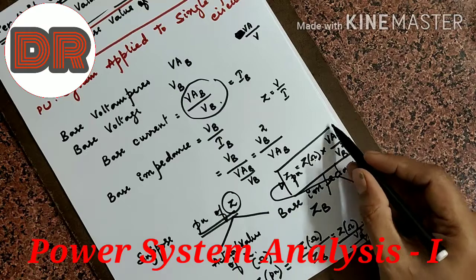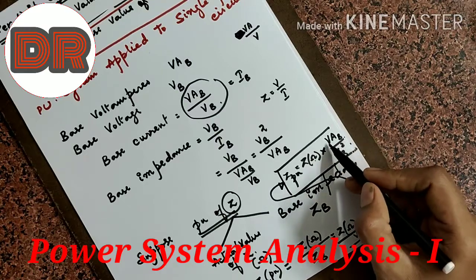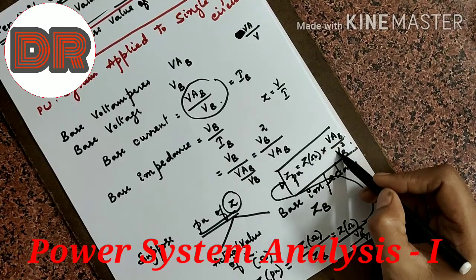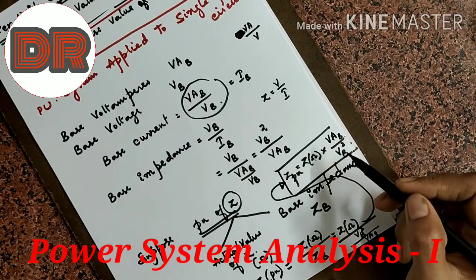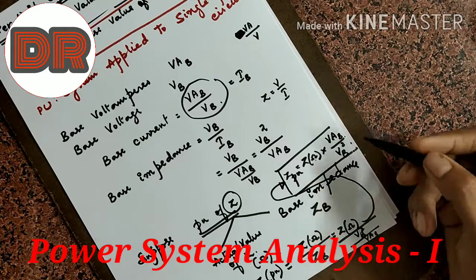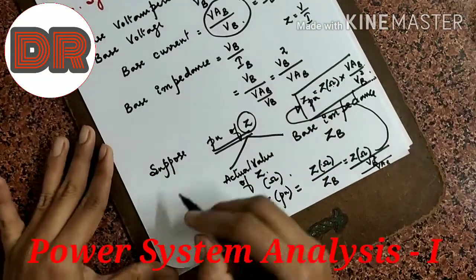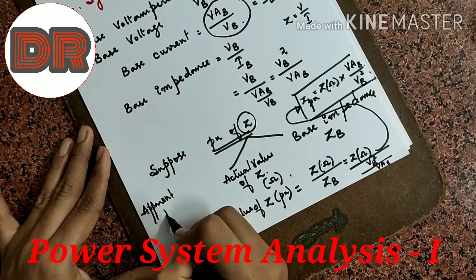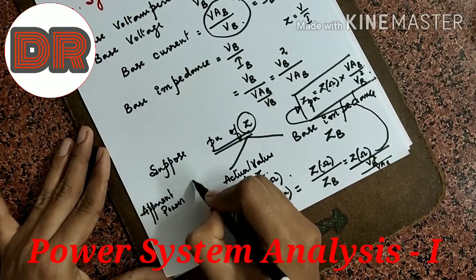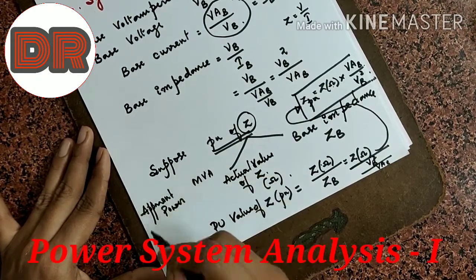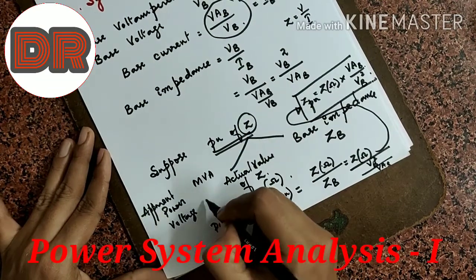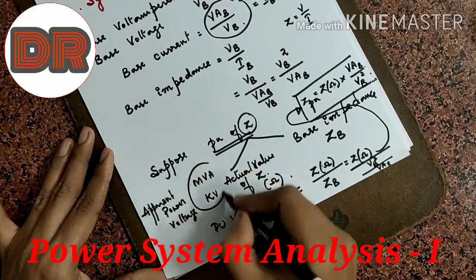Now here this is the base apparent power, and this is the base voltage. There are some standard quantities used in power system analysis. For apparent power we use MVA as the standard quantity, and for voltage we use kV as the standard.